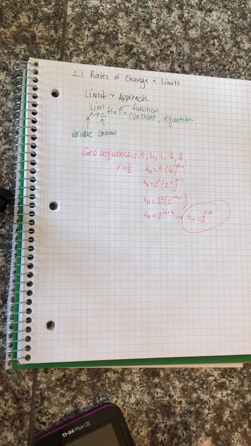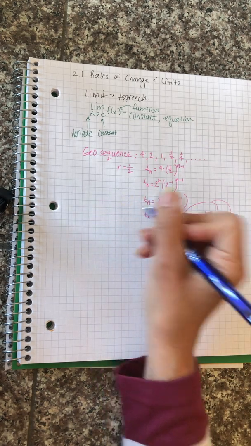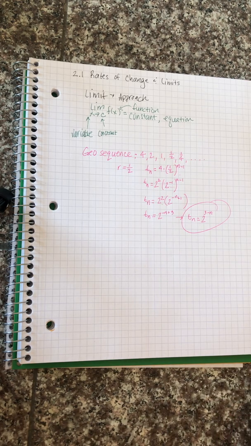So who cares? What does this have to do with limits? When you learned how to do series, which is the sum of a sequence, remember that a series is the sum of a sequence? You'd be asked to find the sum. Let's continue with the same sequence.